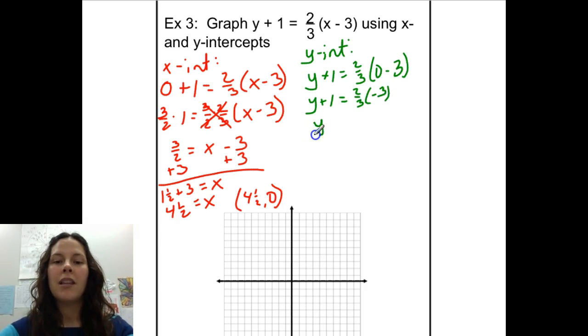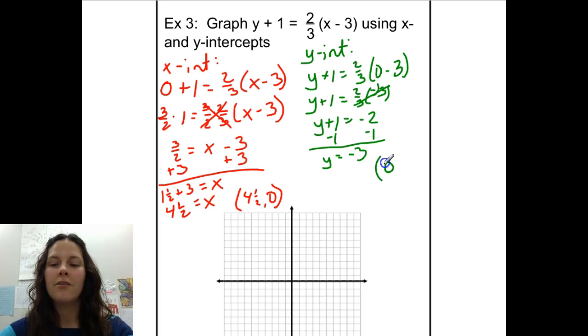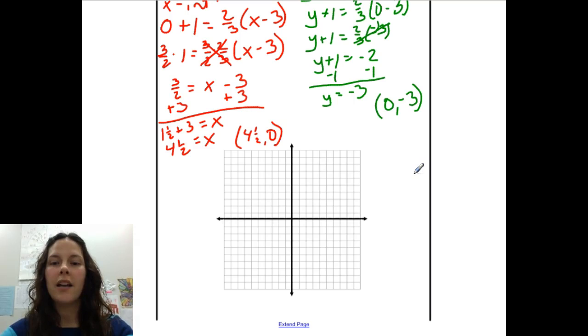And when I multiply that by the 2/3, the 3's will cancel, leaving me with a -1 times 2. And then I can subtract 1 from both sides to solve for y. So I end up with a y-intercept of 0, -3. Plotting my points, I had 4 1/2, 0, and 0, -3, and then I can connect those with my line.